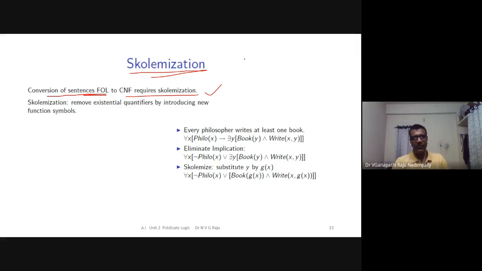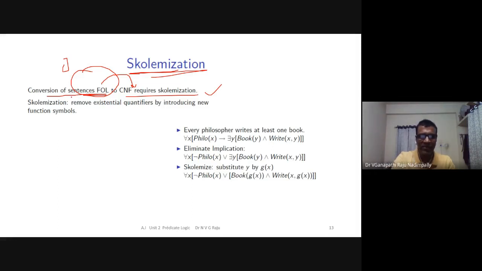What is CNF? If your first order logic sentence consists of the there exists symbol, we are going to use skolemization to convert the FOL sentence to CNF. CNF stands for conjunctive normal form.